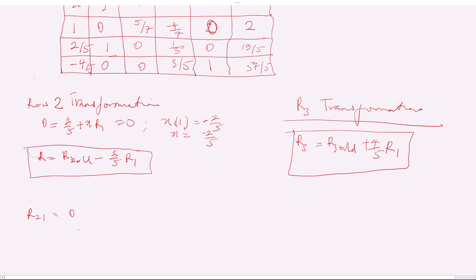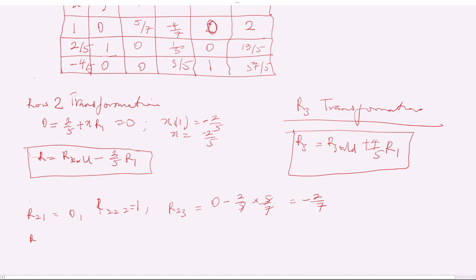R22 equals 1. R23 equals 0 minus 2 over 5 times 5 over 7, which equals minus 2 over 7.